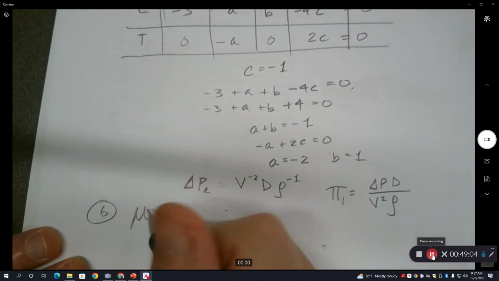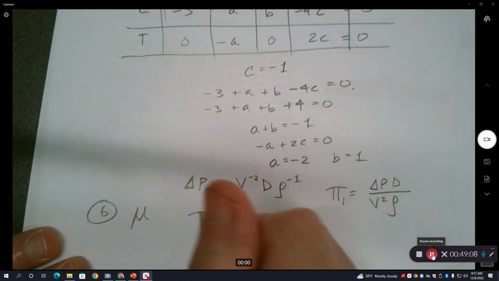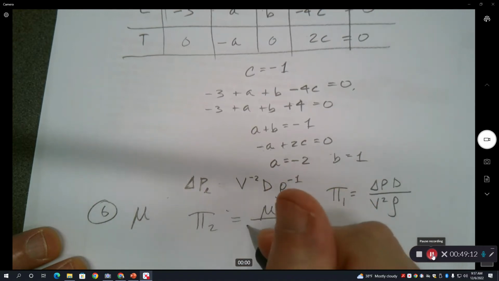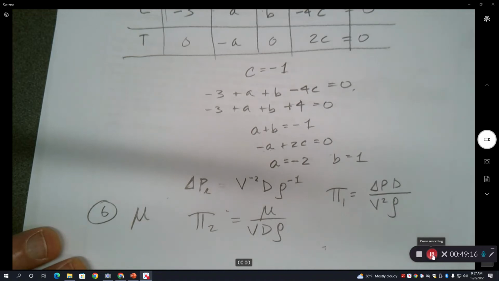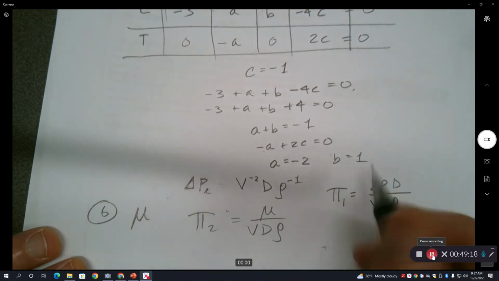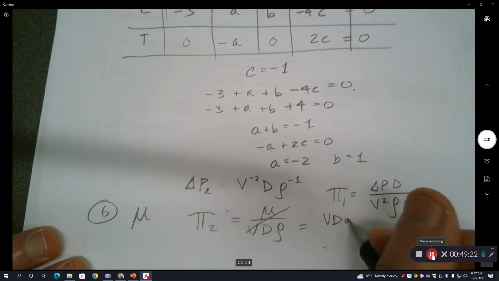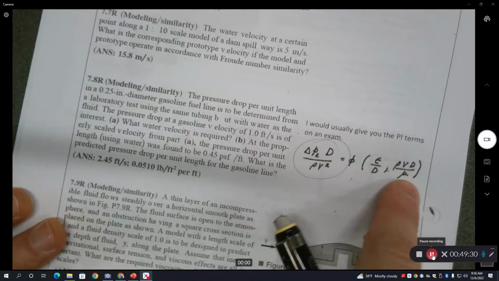So if we put all of these things together, pi 2 would be mu divided by V, D, and rho, which is just Reynolds number upside down. So just go ahead and flip the thing around and say that we have that right there.